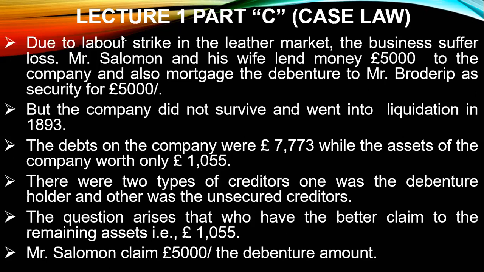The secured creditor who had the debenture was Mr. Solomon, who was also the director of the company, and the unsecured creditors were the others who were dealing with the company at that time. Now the question arises: who has the better title to claim the remaining assets of 1,055 pounds? Mr. Solomon claimed 5,000 pounds, the debenture amount.